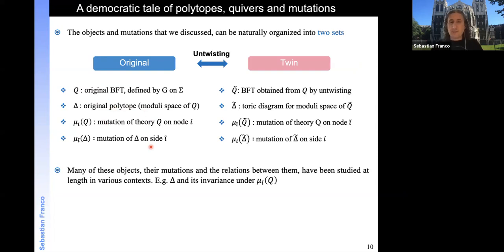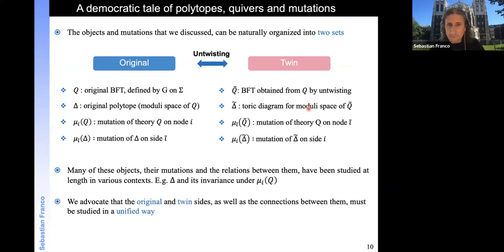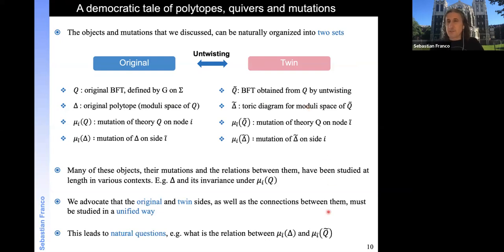What we're trying to advocate now is that you should study the two things democratically, symmetrically. Everything is as important as the other one, and you have to start thinking about what happens when you mutate something on the other side, which are questions that we typically didn't ask. Just going to what Francesco's question predicted, a very natural thing is to say, let me see whether the mutation on a zigzag of the polytope has something to do with the mutation on the twin quiver.